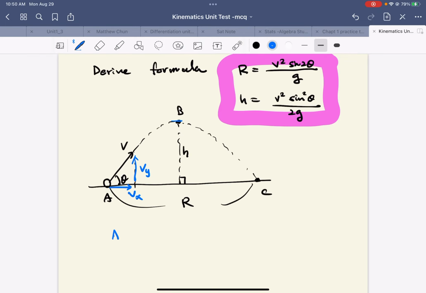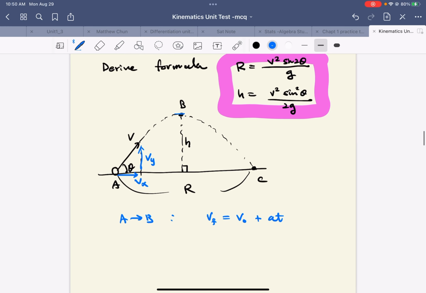So from A to B, you use this formula for velocity in terms of y: v final equals v initial plus at. At B, your vertical velocity equals 0 at the highest position, and the initial velocity on the y portion is v sine theta.